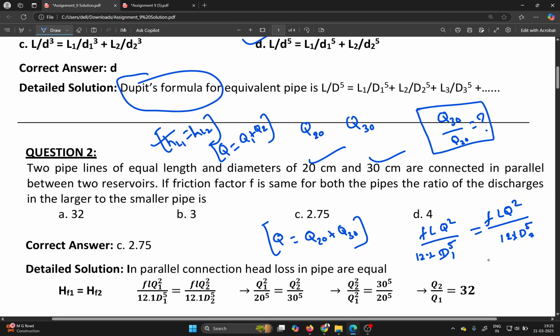So after calculation, here Q1 means 20 centimeter, that is Q20 and Q30. After that you can very easily calculate. Here Q30 by Q20 is equal to 32. This is a calculation only.